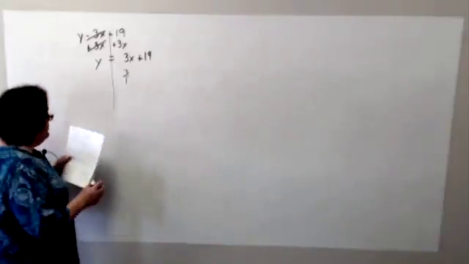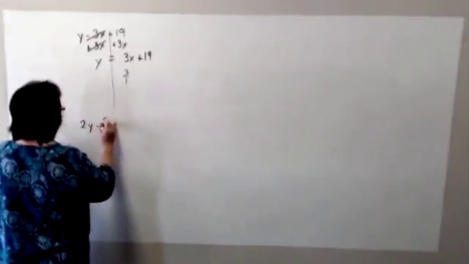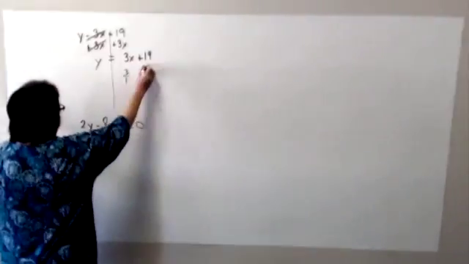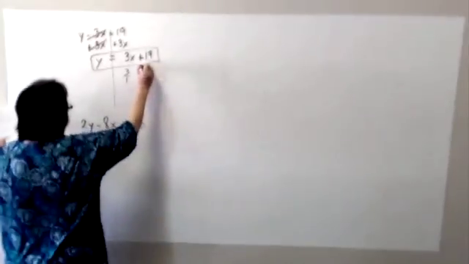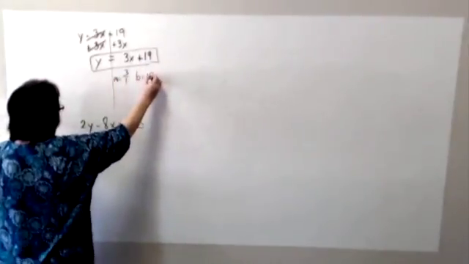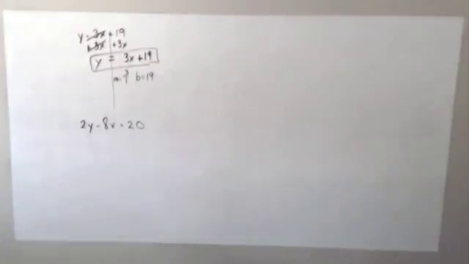Now let's take a look at number 2. So it's y equals 3 over 1 x plus 19? This is my equation. My m equals 3 over 1 and my b equals 19. They're not asking for m and b here.